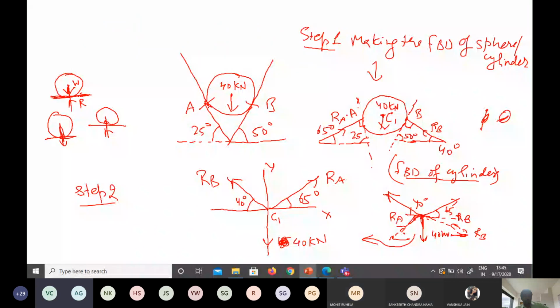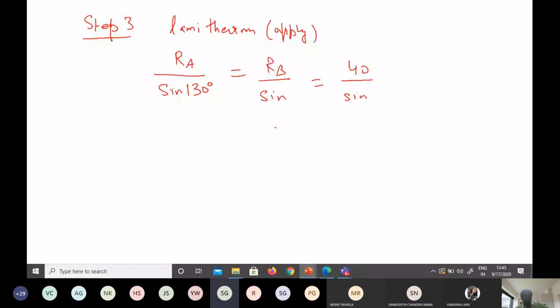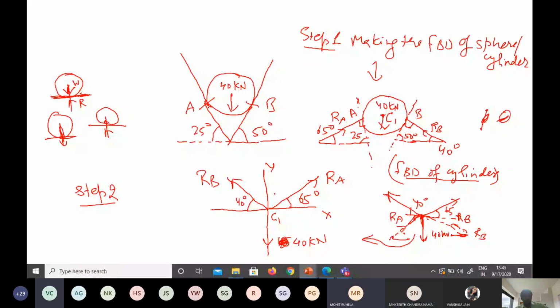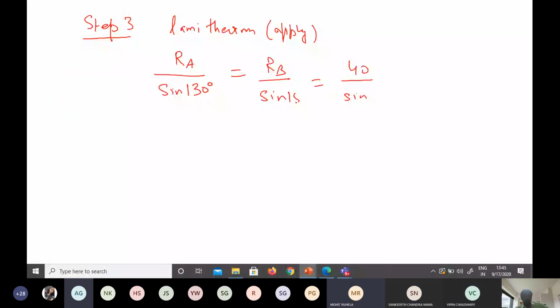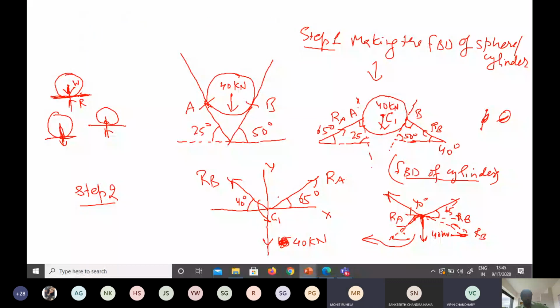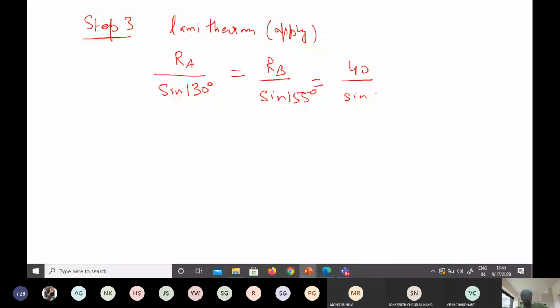RA upon sine 130, that is 90 plus 40. RB upon sine 155, that is 90 plus 65. And 40 upon sine 75, which will be 180 minus 105.